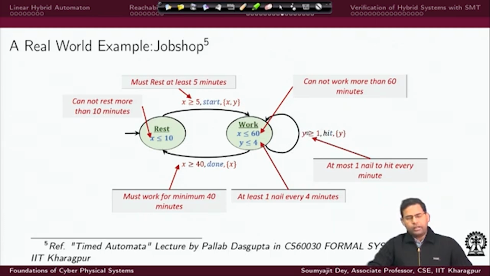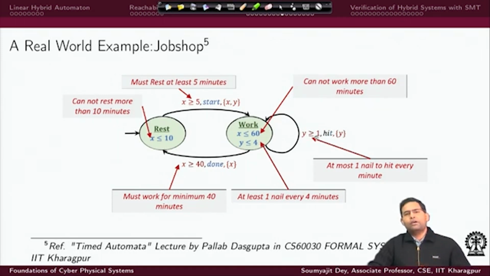But at the same time they should not be hammering a nail too fast because that can compromise your work quality. So, you should not hit more than one nail in every minute. Whenever you are hitting the nail, the value of y that was reset after the previous nail was hit must have time elapsed of at least 1.